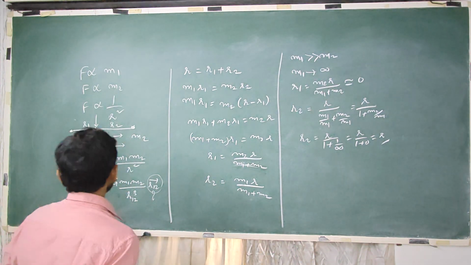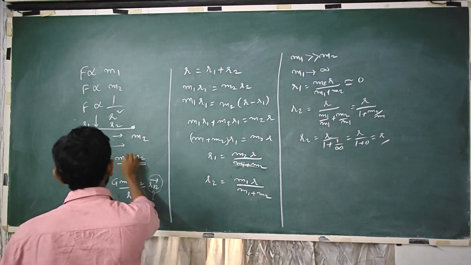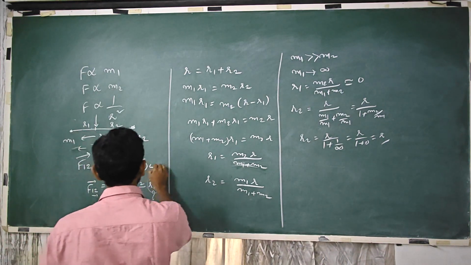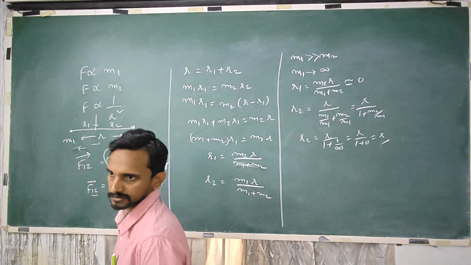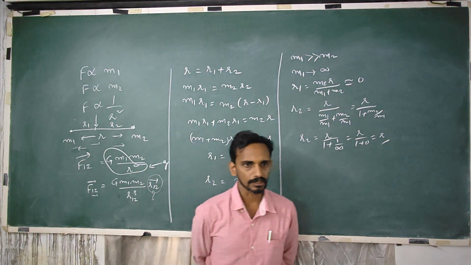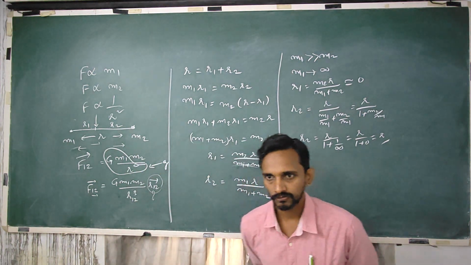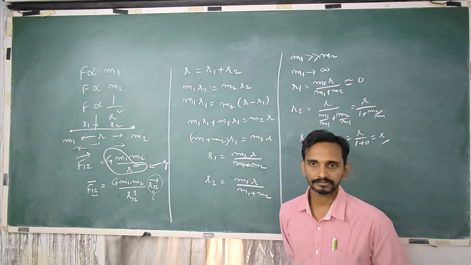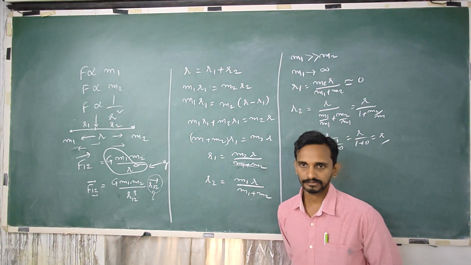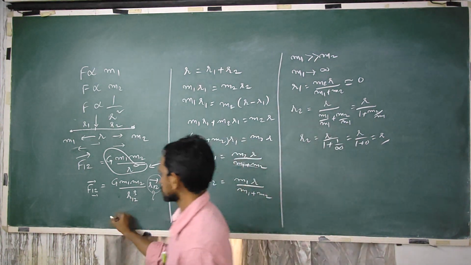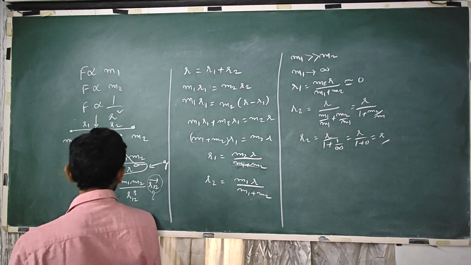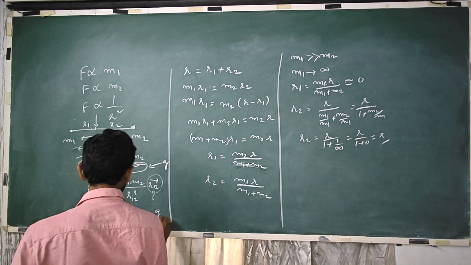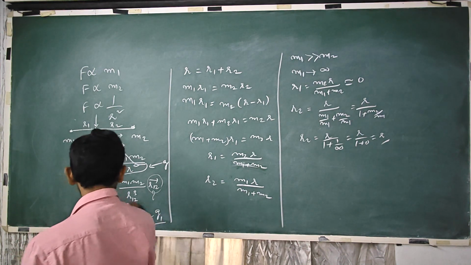And people call this one a gravitational force offered by the first body. So that force is equal to the mass of the second object times the gravitational pull offered by the first body.